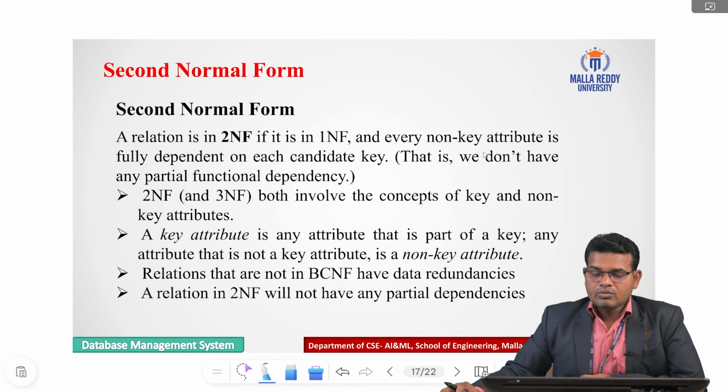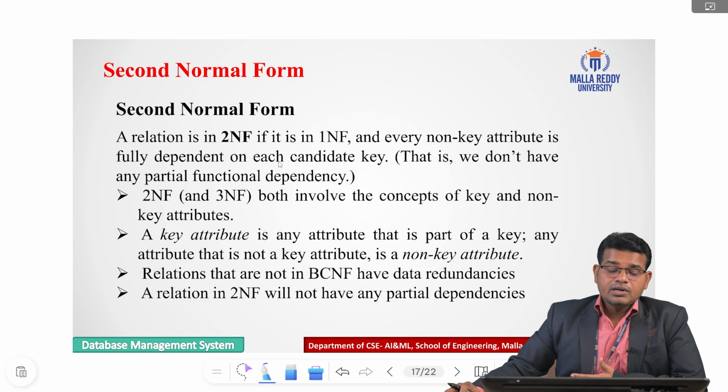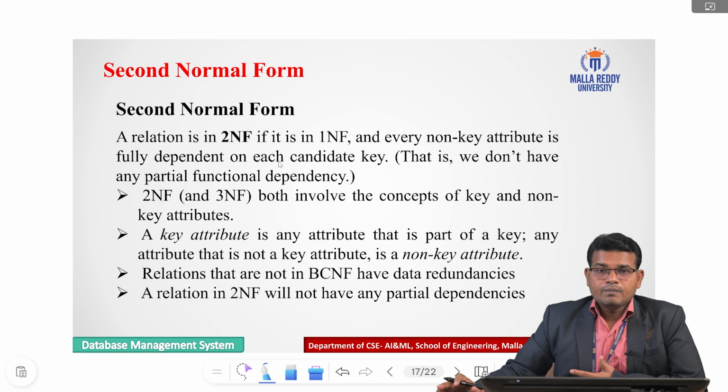The second normal form requirement is that every non-key attribute is fully dependent on each candidate key.